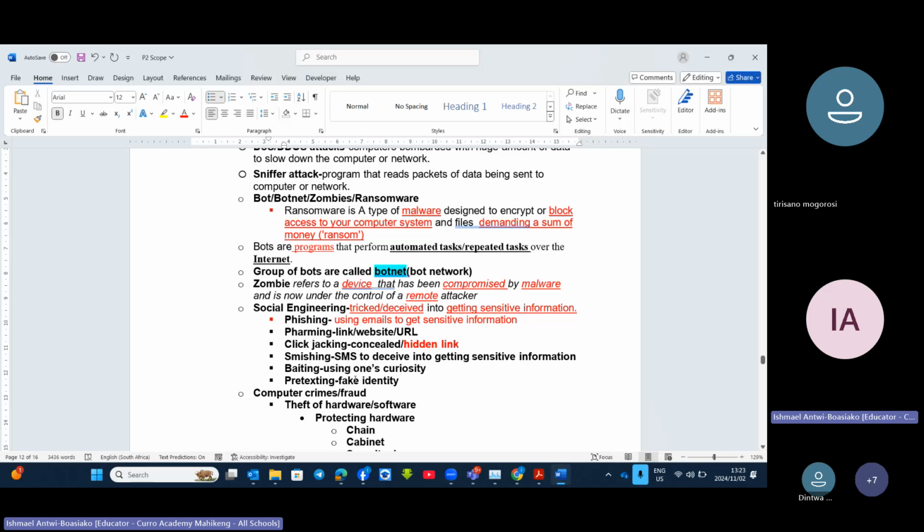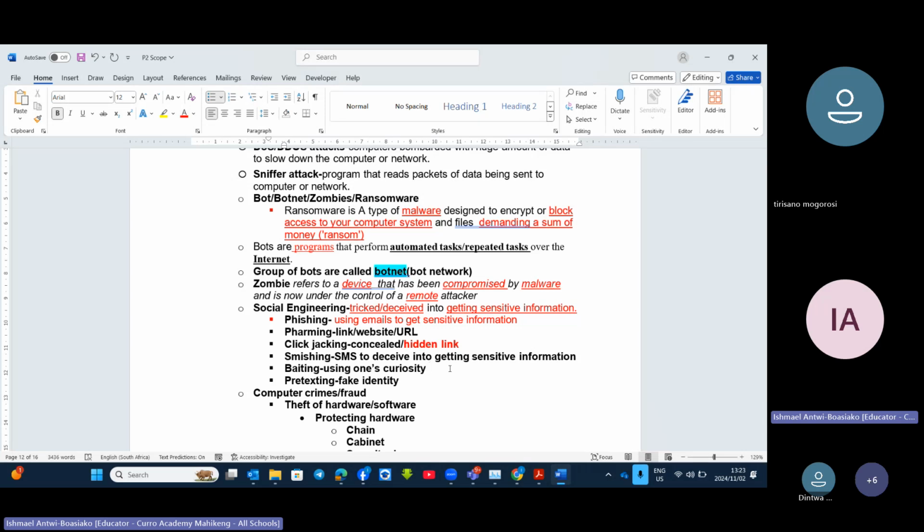And then baiting, depending on one's curiosity to get sensitive information. What do you mean by depending on somebody's curiosity? Let's say they send a message to you saying that if you click on it or you answer that message, you are going to be given 10,000.